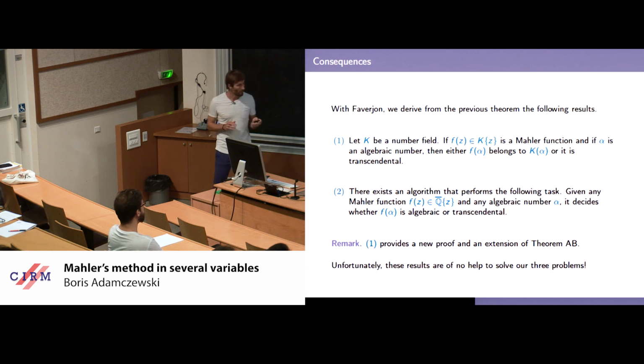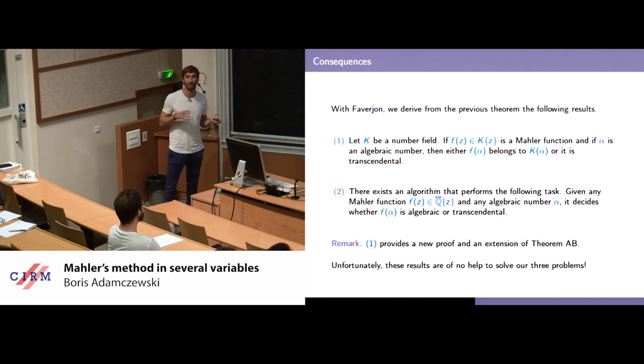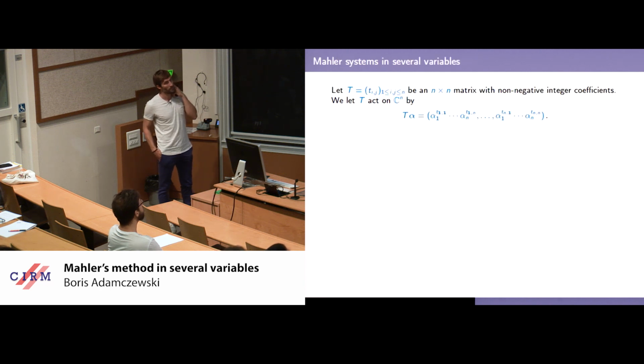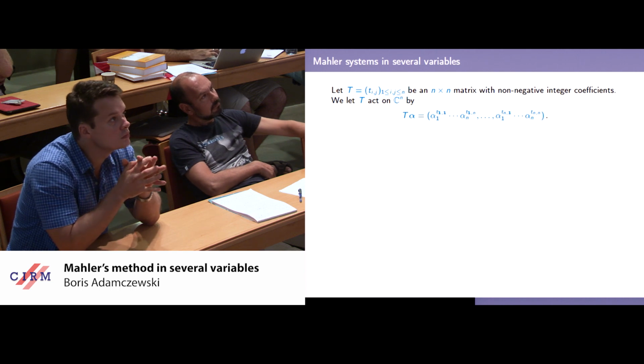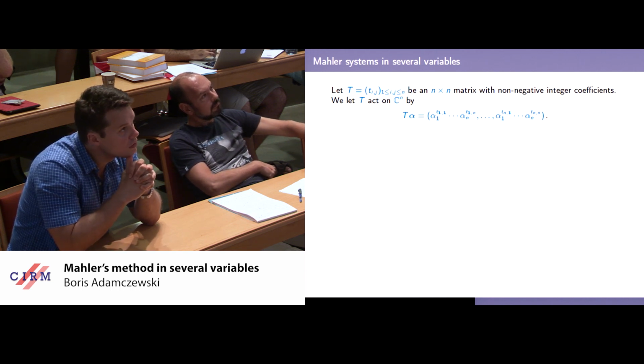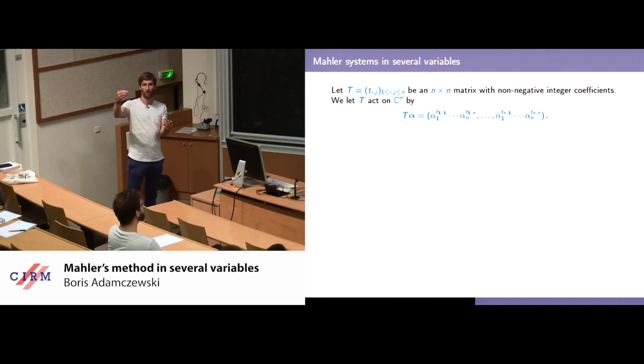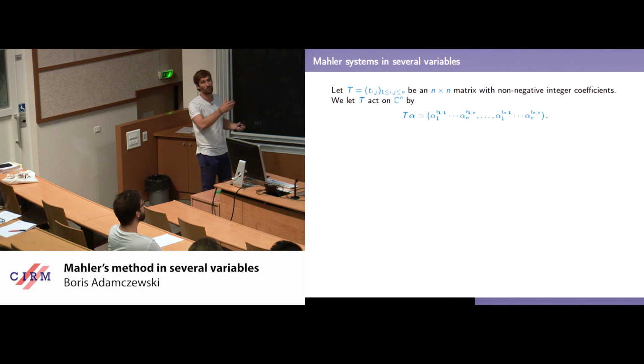And this is why we need Mahler's method in several variables. So what is this? Now we are considering analytic functions in several variables. And instead of looking at the action of z going to z^q, we consider a matrix with integer coefficients, n by n, and we let this matrix act multiplicatively on numbers.